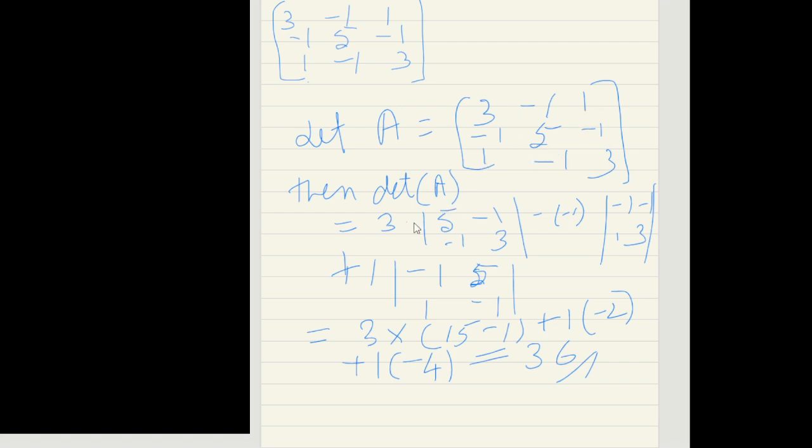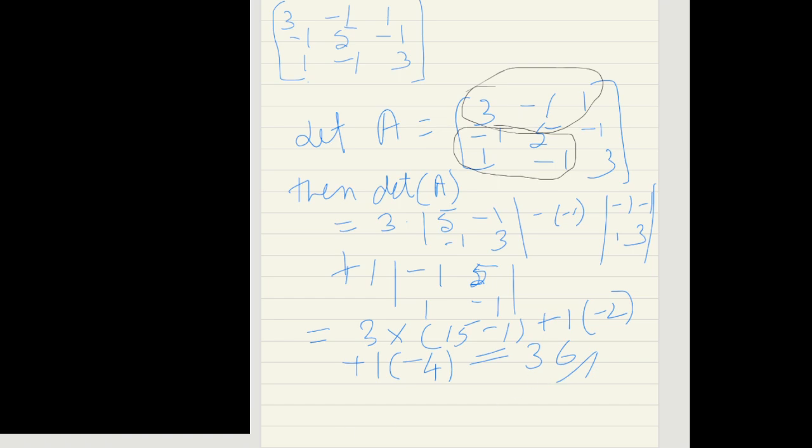We find the determinant by expanding along this row: 3 times the minor 5, -1; -1, 3, minus (-1) times the minor -1, -1; 1, 3, plus 1 times the minor -1, 5; 1, -1. That simplifies to 36. So the determinant of A is 36.